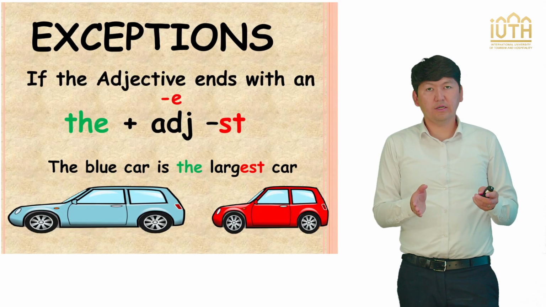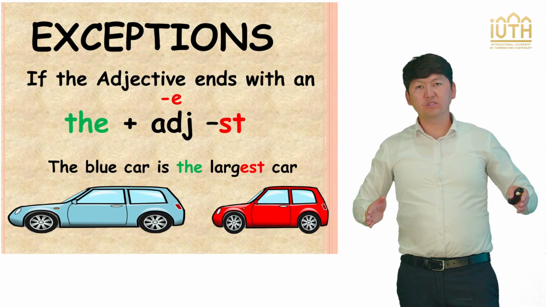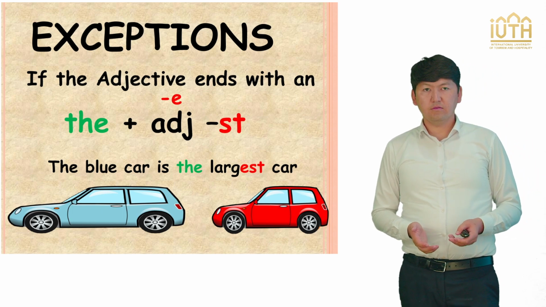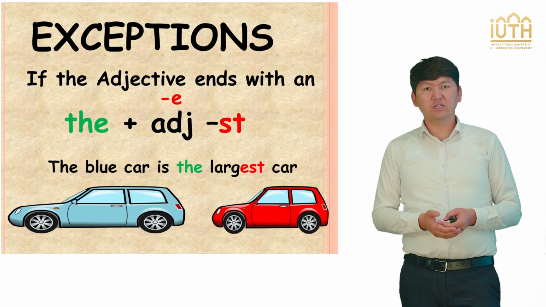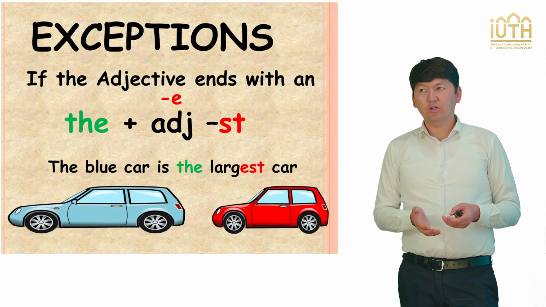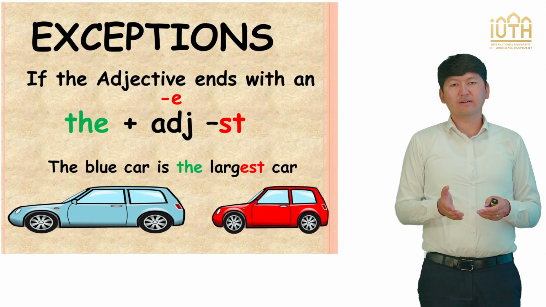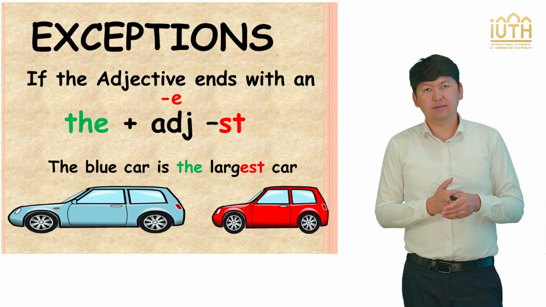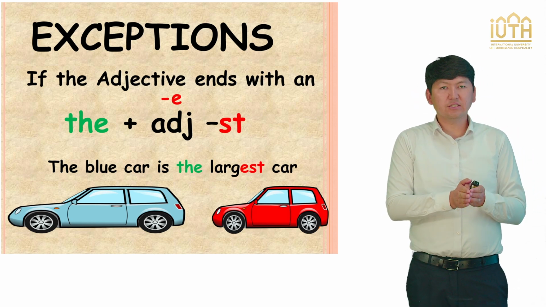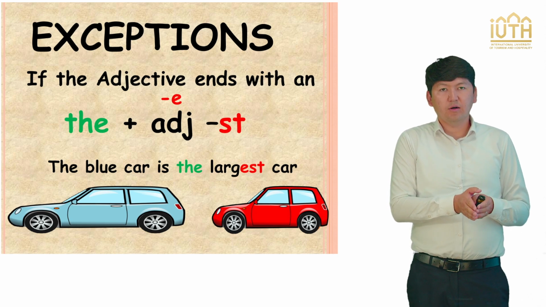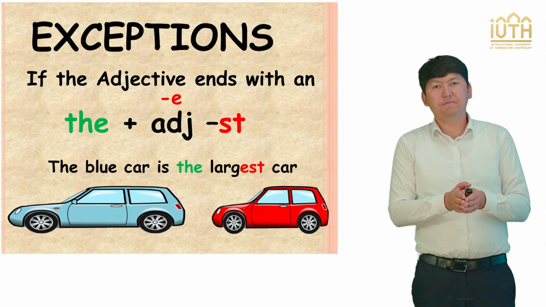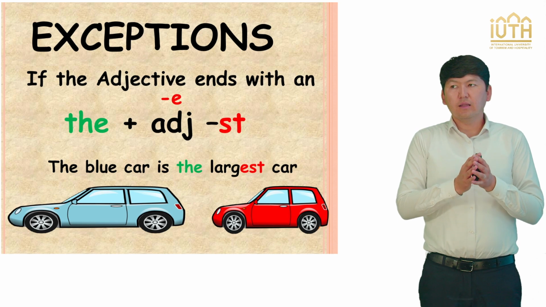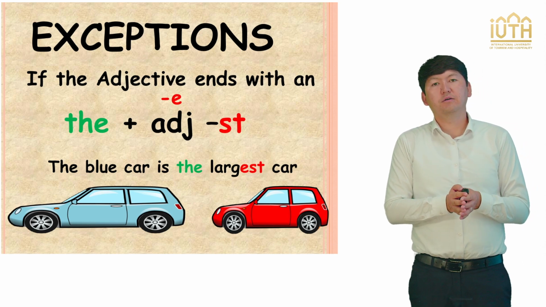But there are, of course, exceptions. For example, if the adjective ends with the letter E, for example, large, we change the structure: the, adjective, and st, so we don't repeat the letter E. For example, the blue car is the largest car.